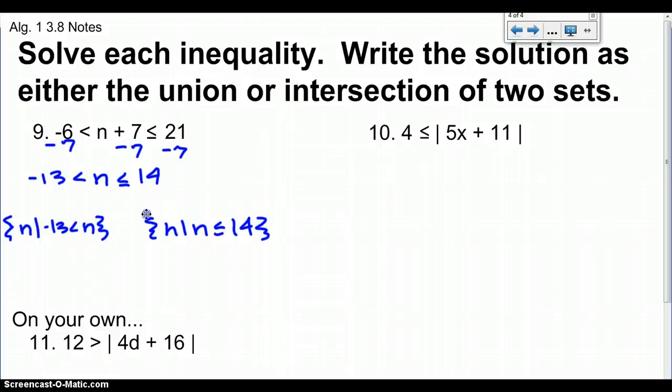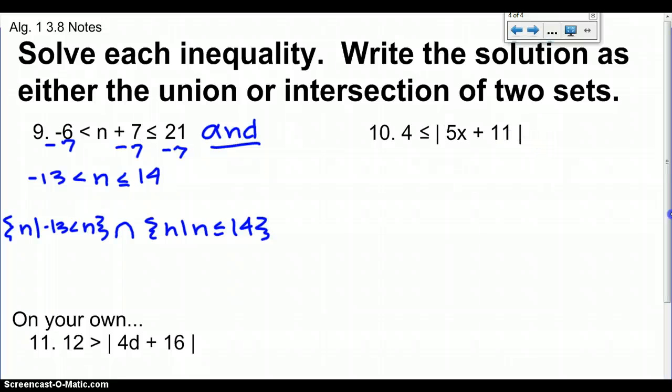Then we need a symbol right here. If you look back on the first page, it says OR is the union and AND is an intersection. And when you have a combination like this, it is always an and. So our symbol is an intersection. And that's how you write this inequality.